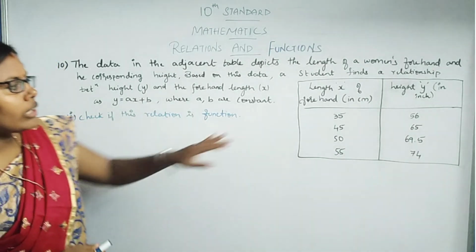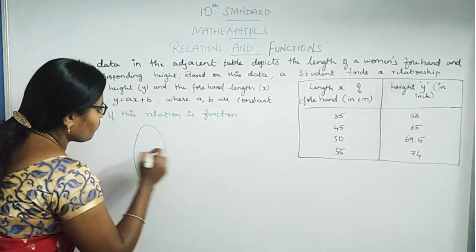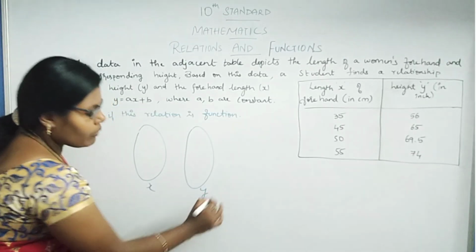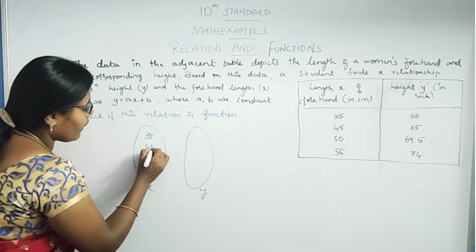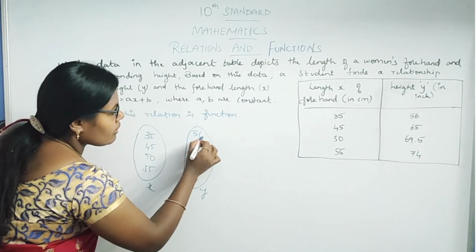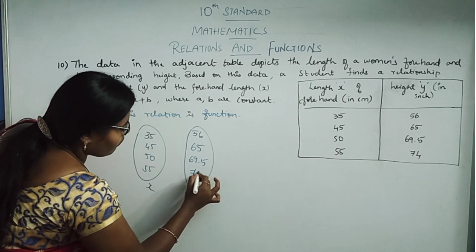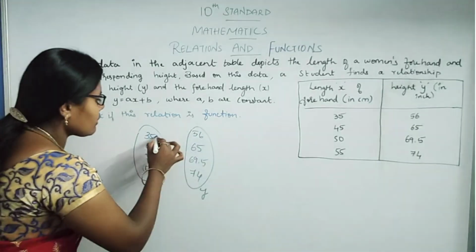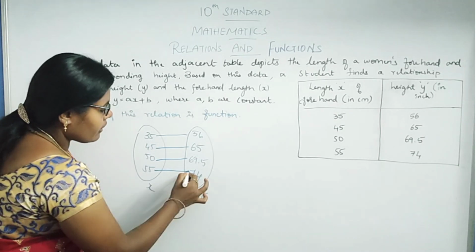So to know that, with this given data, we'll make an arrow diagram. So this will be your x, that is forearm length, and this will be your y, which is the height. So this is 35, 45, 50, 55, then 56, 65, 69.5 and 74. See, for 35 it's 56, for 45 it's 65, for 50 it is 69.5, and for 55 it is 74.